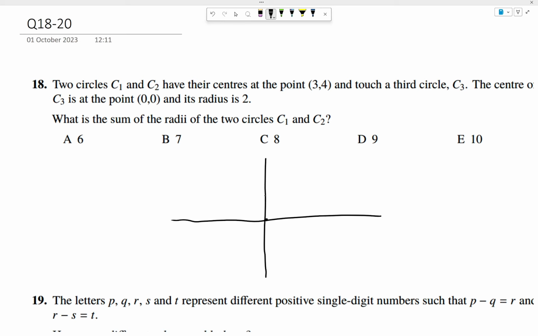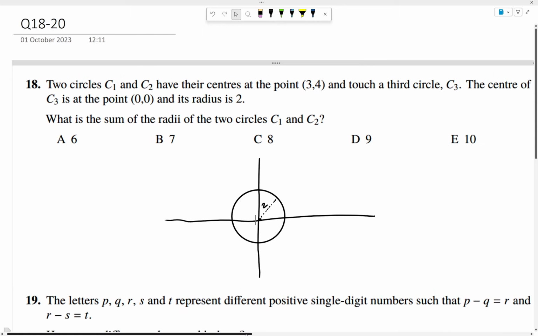So one of the circles, C3, is centered at the origin. Remember, you'll be allowed a compass, so you'll be able to draw circles. And this has a radius of 2. Now it's saying that two circles C1 and C2 have the same center and they touch circle C3.